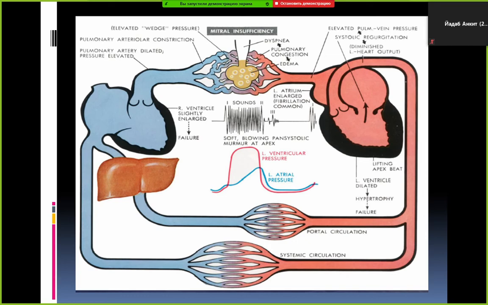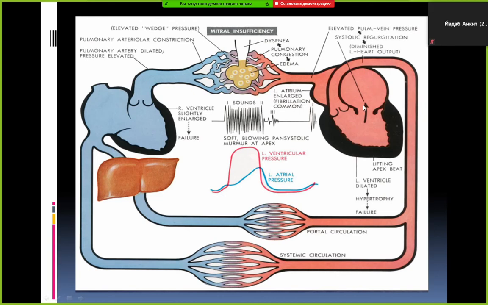So once again, mitral incompetence is incomplete closure of the mitral valve during systole of the left ventricle. That is why some portion of blood during systole of the left ventricle will return back from the left ventricle to the left atrium, and the volume of blood in the left atrium will increase, because there are two portions of blood, from pulmonary veins and from the left ventricle.